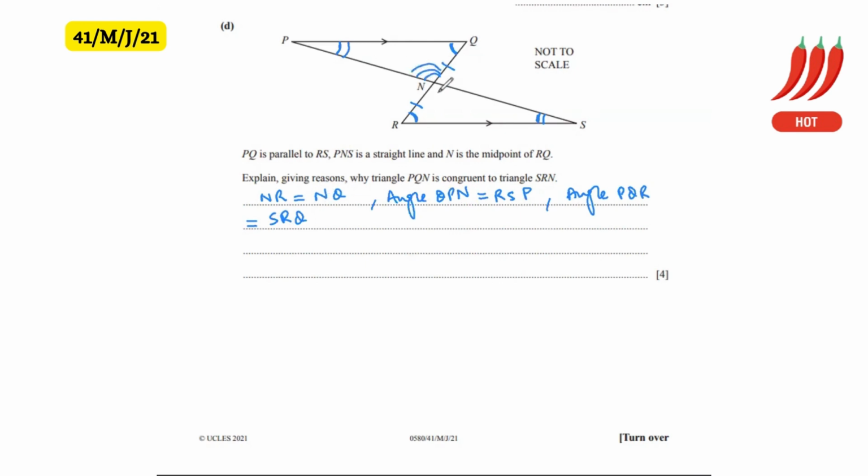These two angles are vertically opposite, so they're also going to be equal. So angle QNP is equal to angle RNS because vertically opposite. This one was alternate.